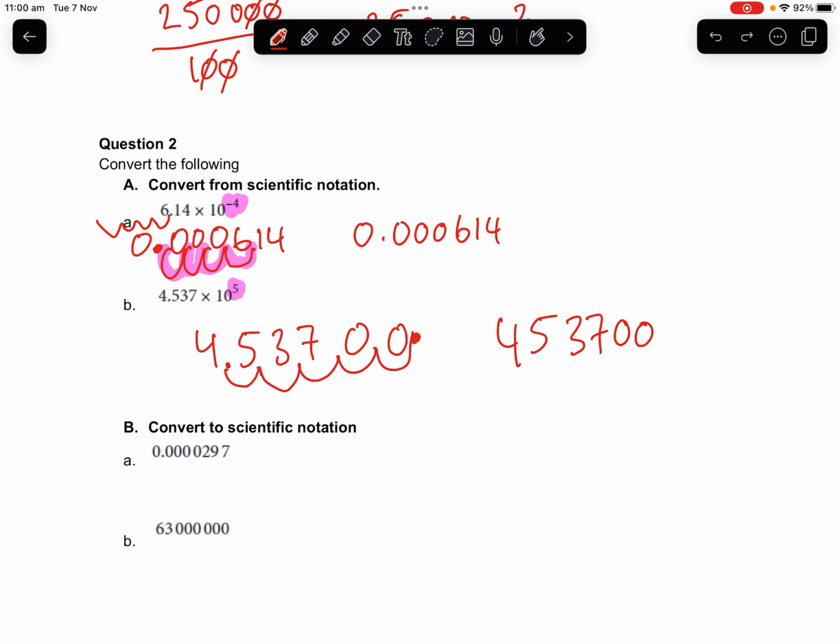The first number we can get to that is the 2. So 1, 2, 3, 4, 5. There. So 2.97 times 10, and we count how many places we moved it. So 1, 2, 3, 4, 5, and we write -5 because we moved it to the right.